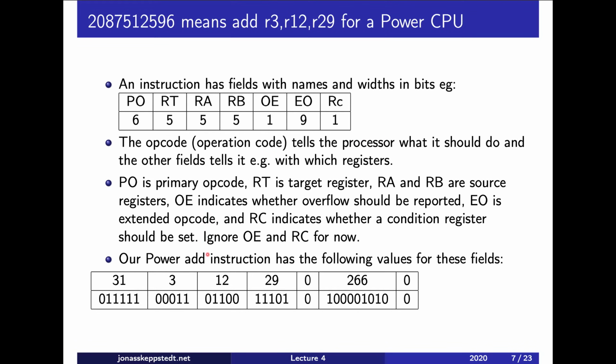When it knows that it should do this add, then it knows how to interpret these fields, and then it's possible to perform this add in the hardware. These other fields we can ignore for the moment.